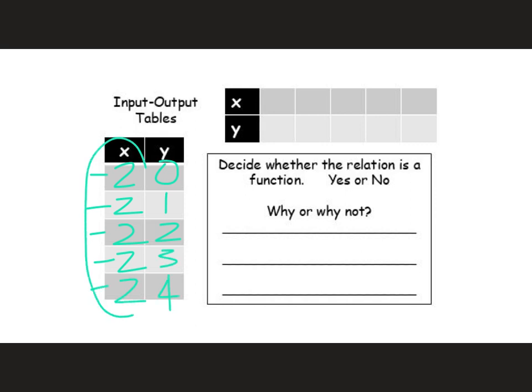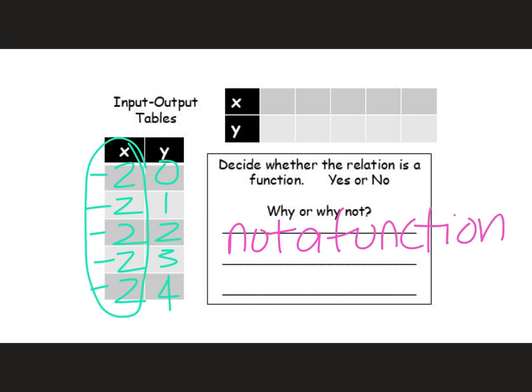Because all of these x values are repeating, that means it would not be a function. So in this case, it is not a function because those x values, that input, is producing more than one output.